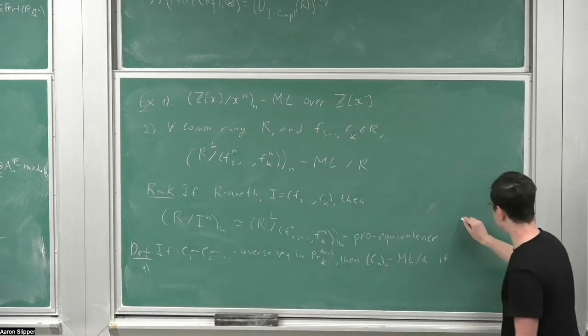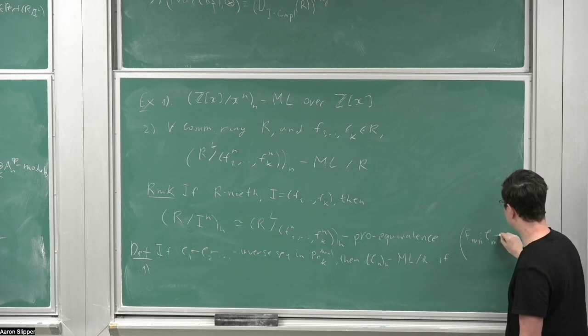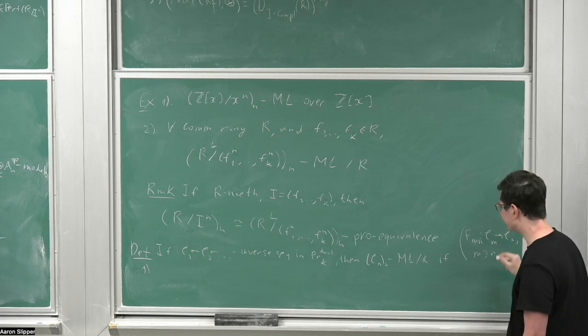So the notation is that f_mn are the functors from C_m to C_n, where m is greater than n.